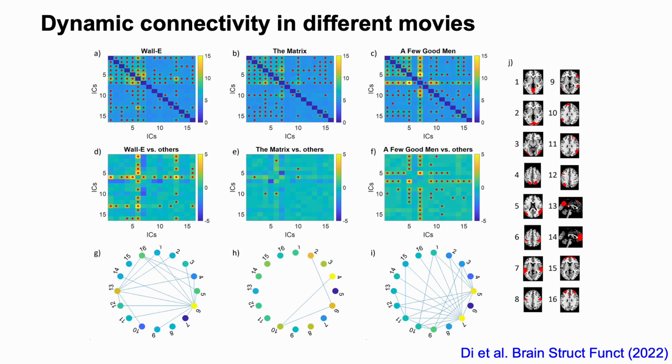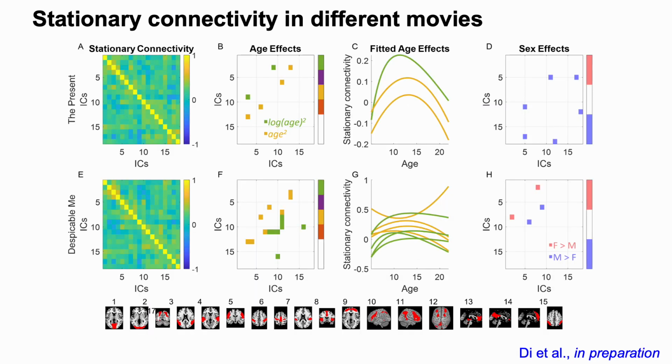And in this, what is shown is that for the different ICA components, the interaction is fairly different for each of the movies. What is shown here is the stationary connectivity and age effects and sex effects for the two different movies.